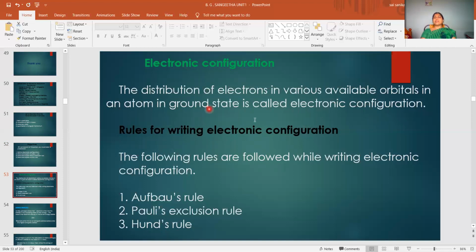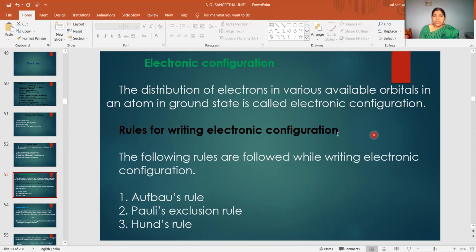Whatever electrons are present in an atom, those electrons will be distributed in various orbitals in ground state. In ground state means from lower energy orbitals to higher energy orbitals. That is called electronic configuration. Very, very important definition.